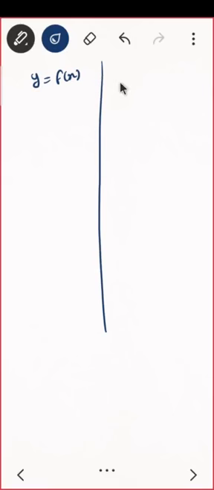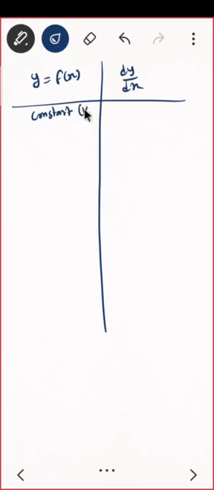I'll make a table. Oh, you cannot see the screen. Wait. Standard functions. So the first one is the derivative of a constant. If I say a constant k, the derivative is 0.